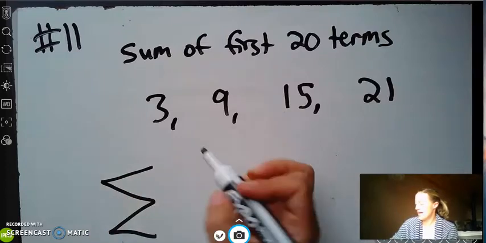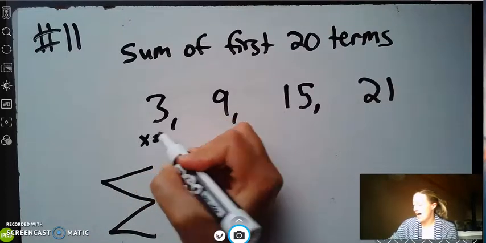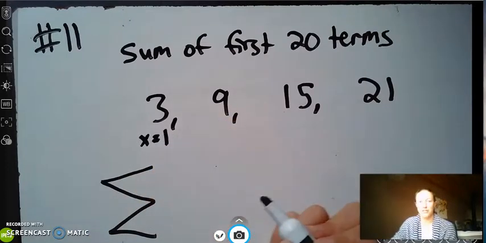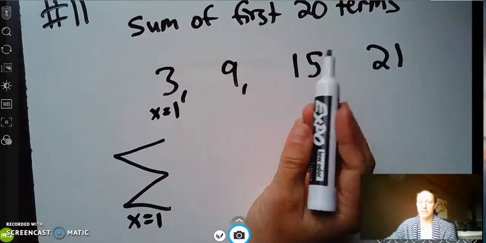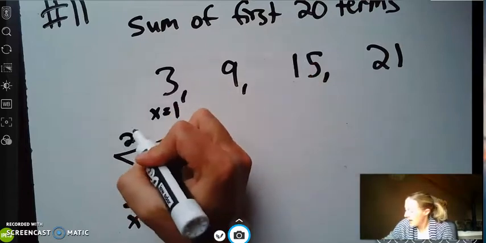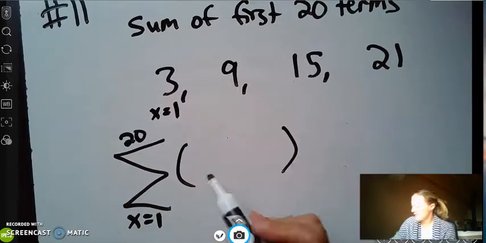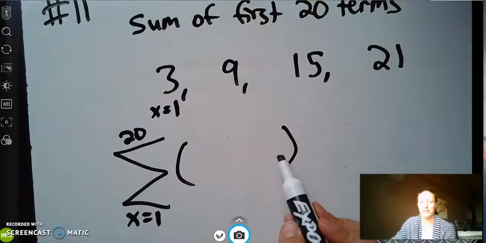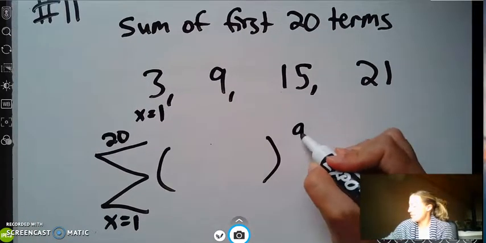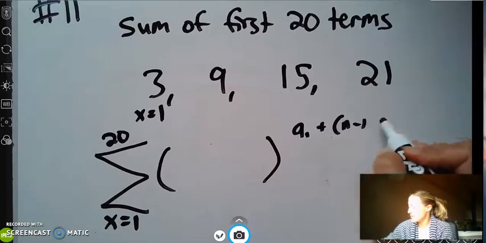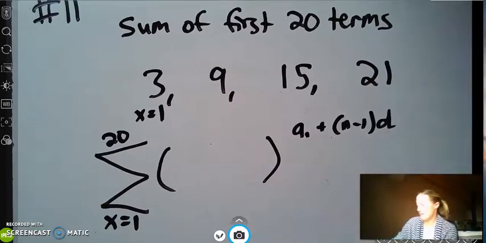We could say x's or i's or whatever, this is the first term, and we could go from term 1 all the way up to term 20. Then we would have to come up with an explicit formula to go in here. So again, just like my last hint, we could do the a sub 1 plus n minus 1 times d thing. That would be lovely.